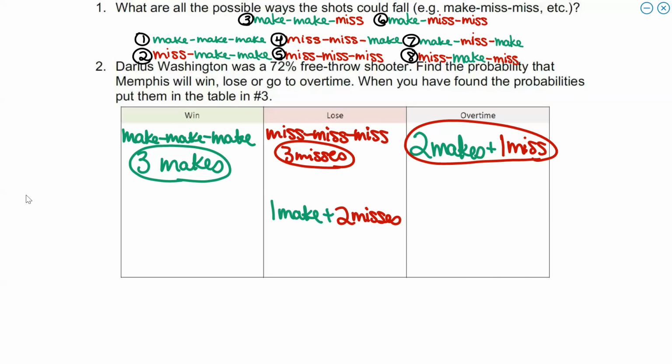And then we also need to multiply that by (1 minus p) to the power of n minus k. 1 minus p is the probability of failing or a miss. And n minus k would be the number of misses.